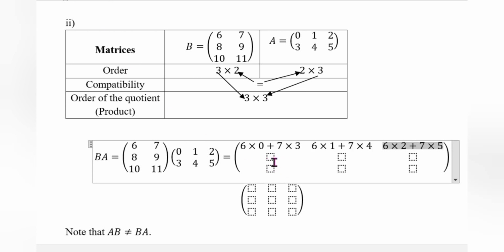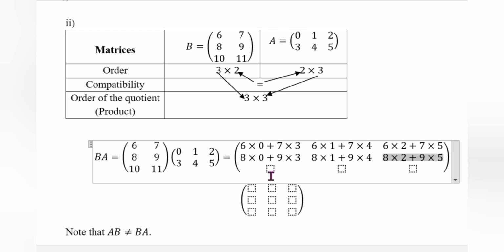The element here is in row 2, column 1, meaning we shall take row 2 times column 1. 8 times 0 plus 9 times 3, like that. Then this one is in row 2, column 2, meaning we take row 2 times column 2. And then the next one is that one, because it is an element in row 2, column 3, meaning we shall take elements in row 2 times the corresponding elements in column 3.